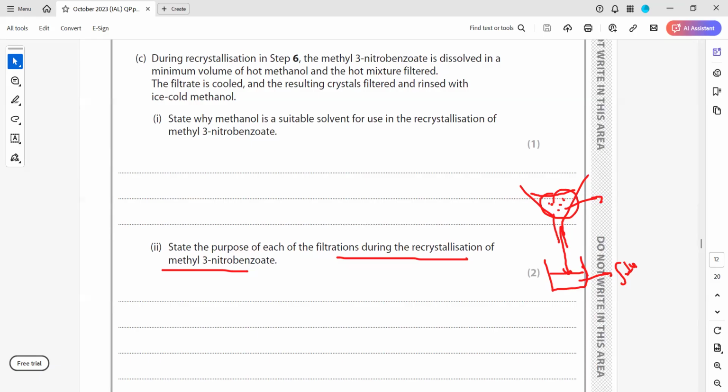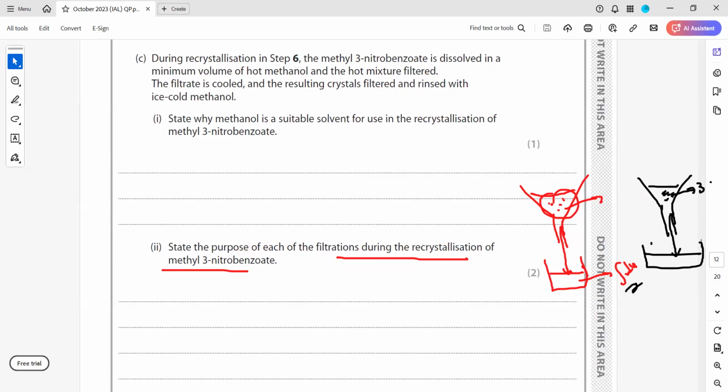Okay. Then what is the purpose of the cold filtration? When we do cold filtration, we filter it again, because the crystals will form now. The crystals of methyl 3-nitrobenzene will form here and the soluble impurities will pass through the filter paper. So the hot filtration removes the insoluble impurities, whereas the cold filtration removes the soluble impurities.